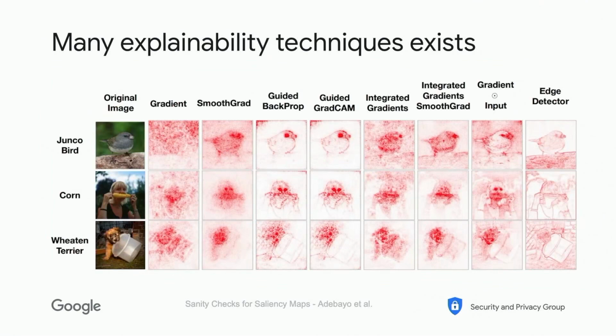Okay, so how do we get there? The first thing we had to choose is what type of explanatory technique we should use. So we started with that, right? We need some explanation. There's a ton of them. Here are some of them which were developed, and you can see you get more or less defined images or defined outputs.